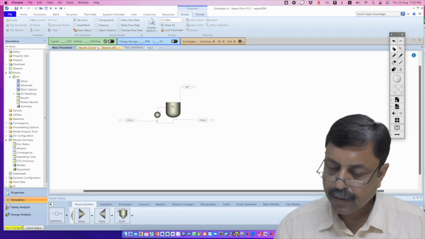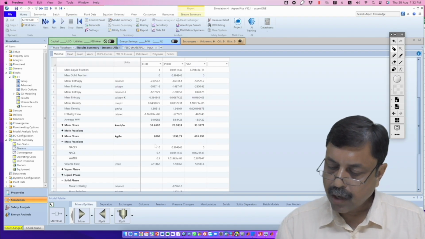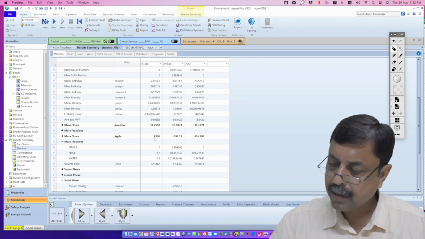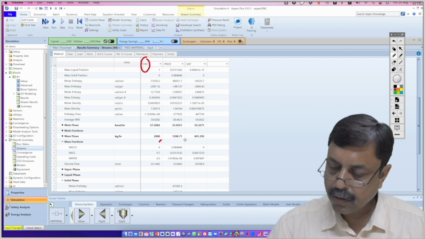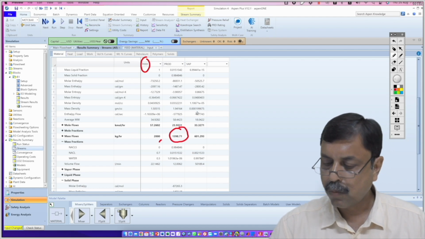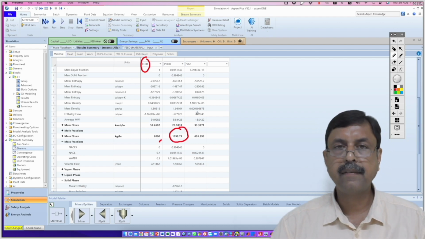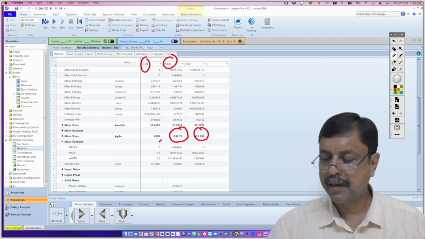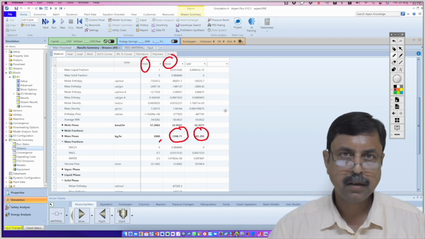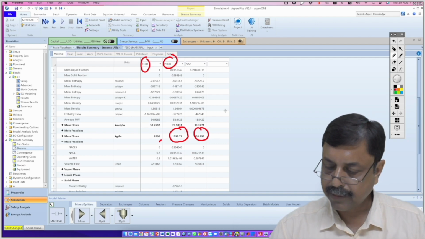So out of 2000 kg per hour feed, we get 1398.71 kg per hour of product, and 601 kg per hour water will be vaporized.